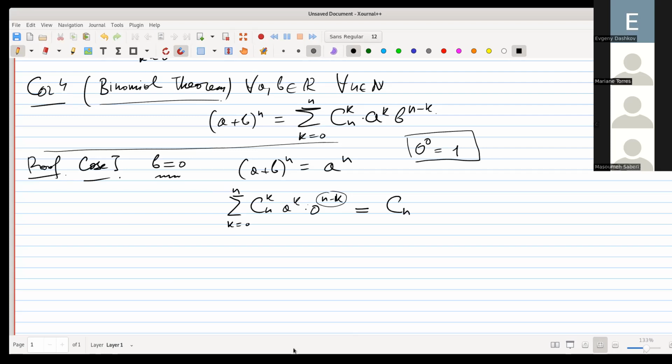So we will obtain n choose n multiplied by A to the power n multiplied by 0 to the power 0. So it is 1 multiplied by A to the power n. So that's it. Do you agree?